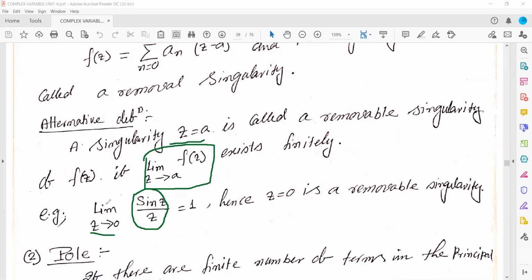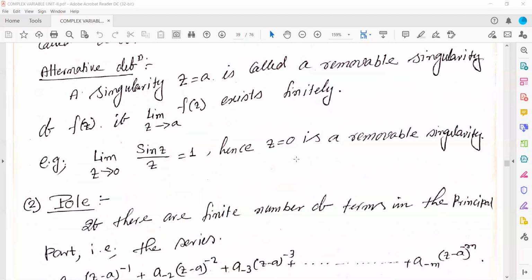As you know, the limit as z tends to 0 of sin z by z is 1. So this limit exists finitely, you get a finite value, and you can say that the singularity at z equal to 0 is a removable singularity.